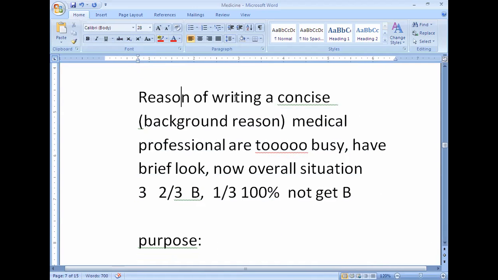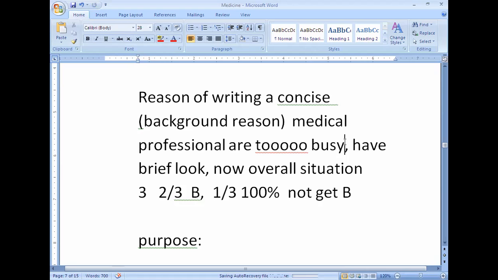Okay. So the background reason for writing a concise letter is that medical professionals are too busy. Even some students who pay me for speaking don't have time to join the class. Even then I say, if you are not able to join, please get your refund, but they say, no doctor, I was busy, no need to refund.